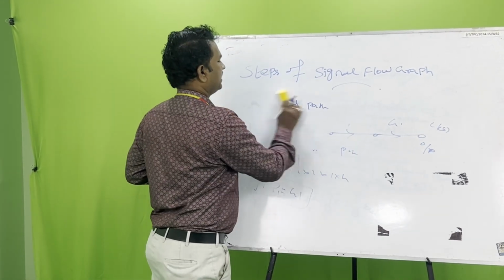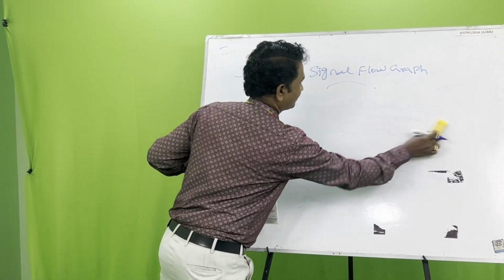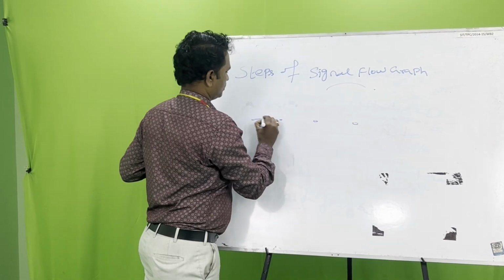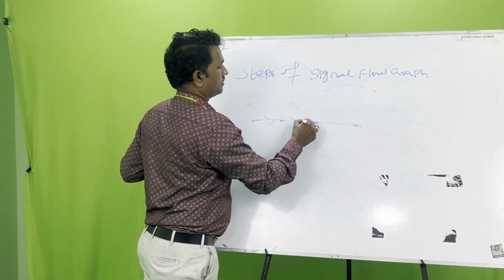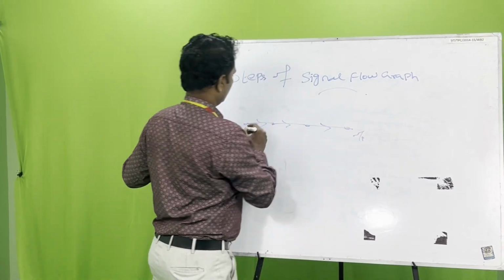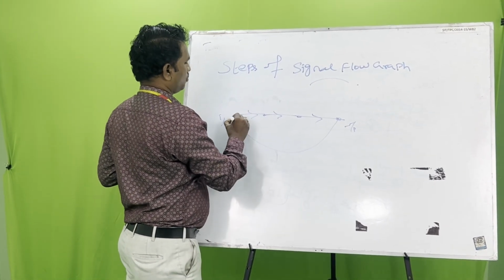Second step, individual loop. An individual loop is one that starts at a node and comes back to the same node. For example, this loop is there between the input and the output, through nodes 1, 2, 3.